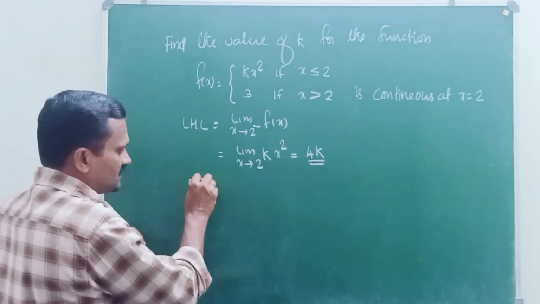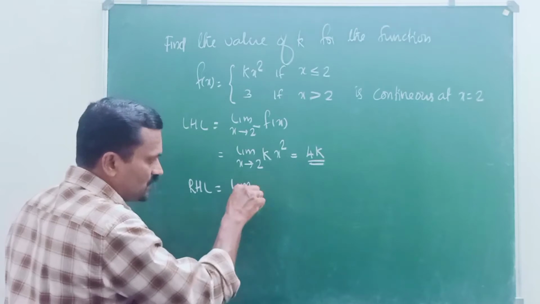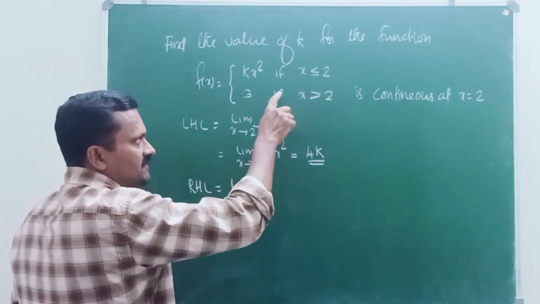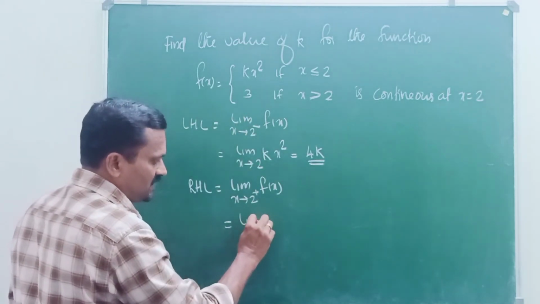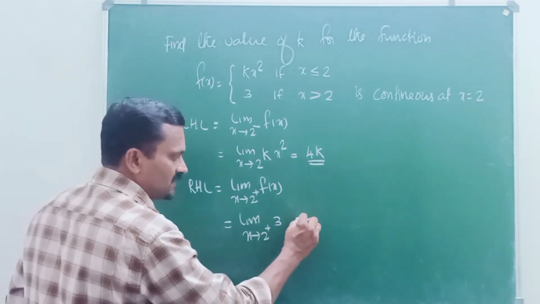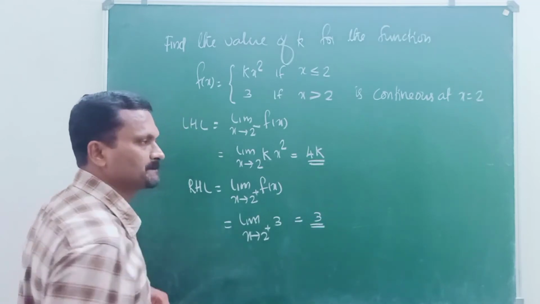And RHL is equal to limit x tends to 2 through the right of 2, that is x greater than 2. What's the function? 3. Then it becomes limit x tends to 2 plus of 3. 3 is constant and limit of constant is constant.